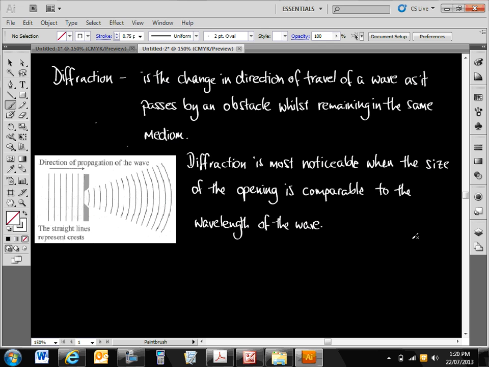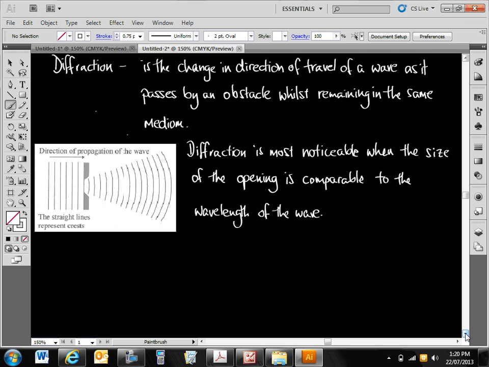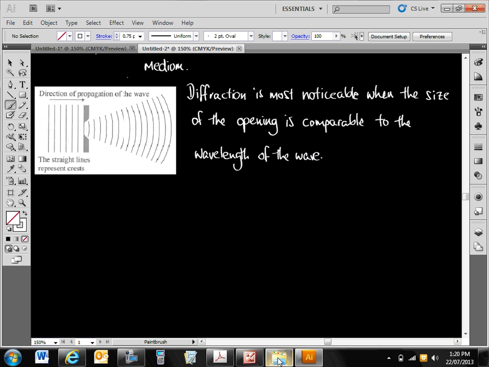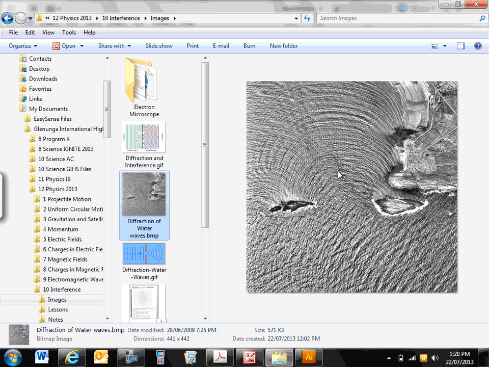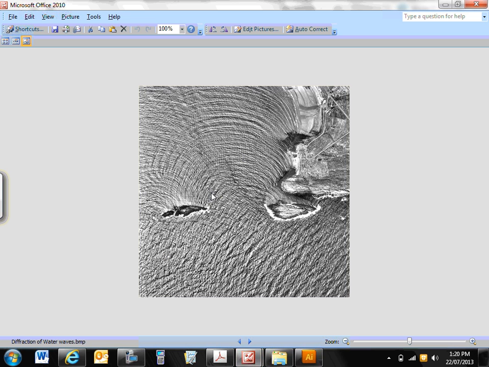Here I've got a picture. Here we've got water waves. There's an island here and the coastline, and as reasonably straight waves come through here and they approach this obstacle, they bend as they go through the obstacle. You'll notice that there's some bending occurring here, and we have waves interfering with each other.